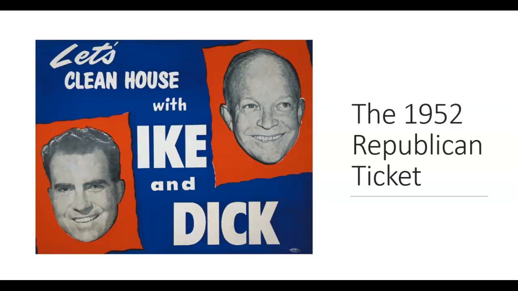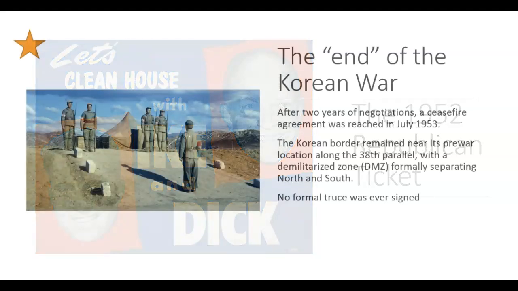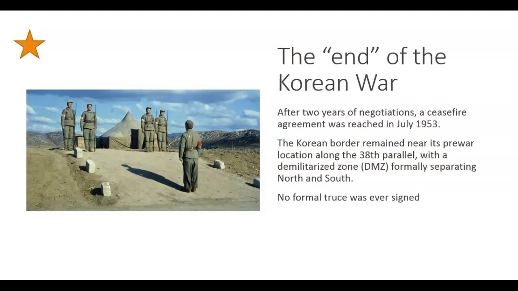Without Stalin, the DPRK warmed to peace, and an armistice agreement was signed on July 27, 1953. The armistice left Korea divided at the 38th parallel, with North and South Korea separated by a 2.5-mile wide demilitarized zone.